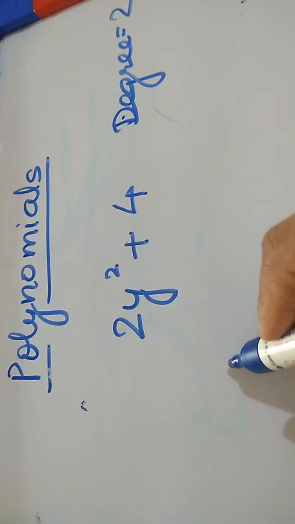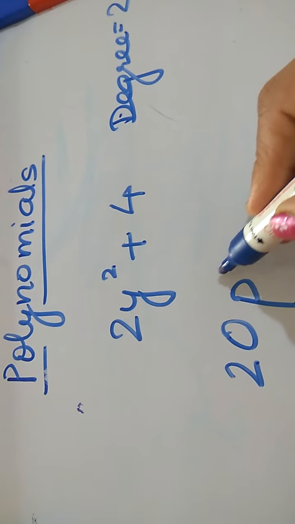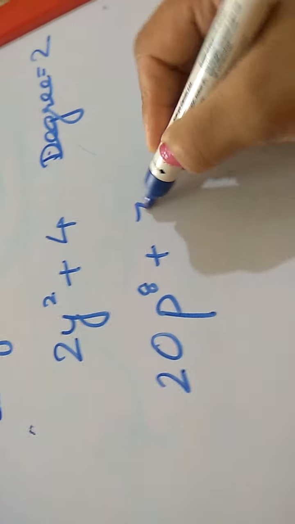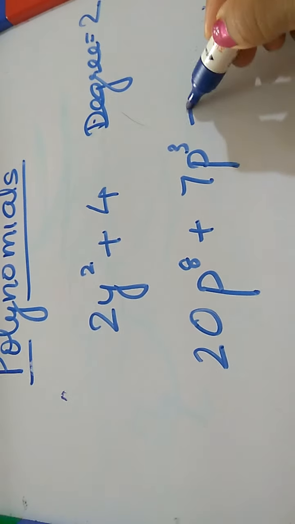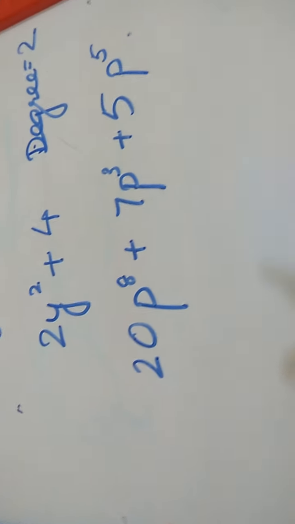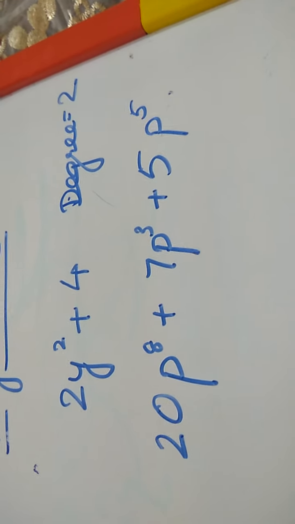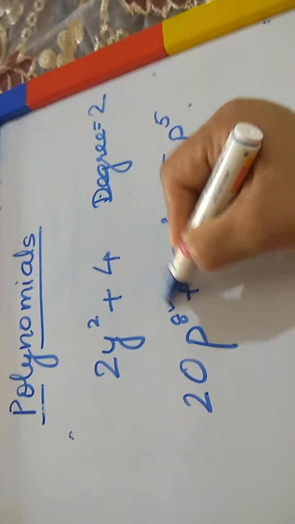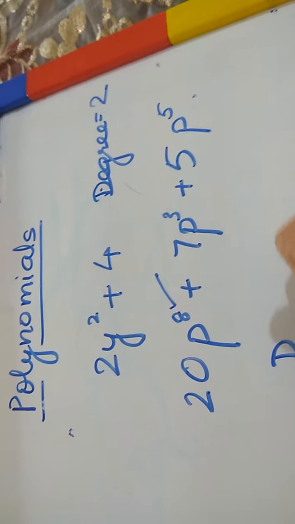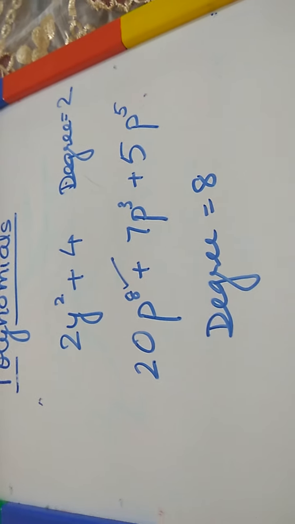Suppose the polynomial is 20p raised to the power 8 plus 7p cube plus 5p raised to the power 5. Here the highest power of the variable is 8, so degree will be 8. So this is how we find the degree of a polynomial.